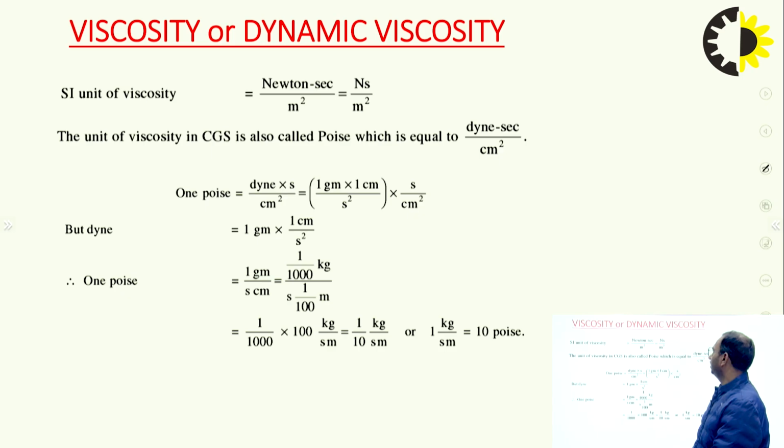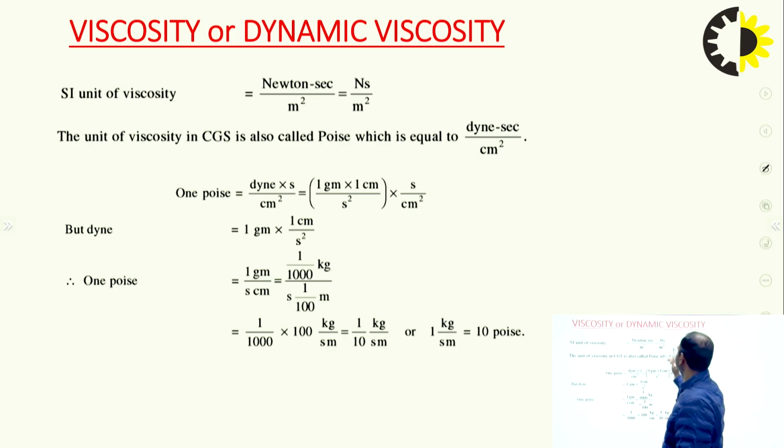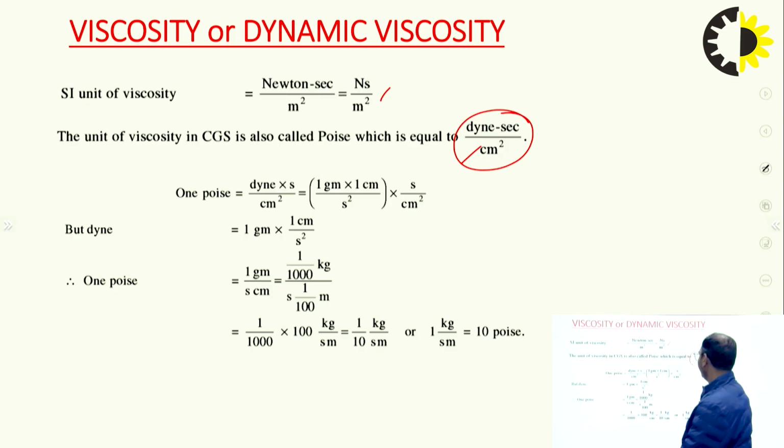What is the SI unit of viscosity? The SI unit of viscosity is Newton second per meter square, and the CGS unit is dyne second per centimeter square, also known as poise. 1 poise is equal to 1 gram per centimeter second, or 0.1 kg per meter second.